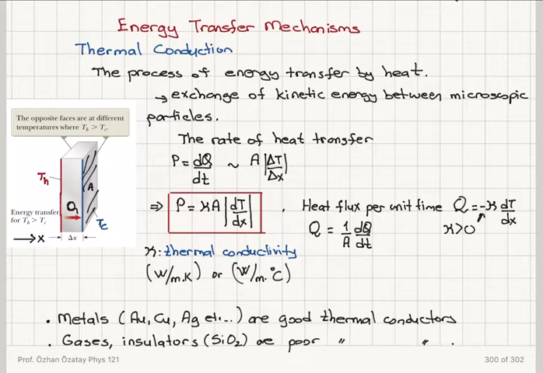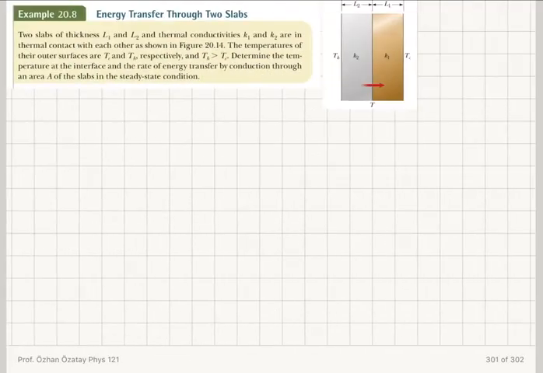Okay, so let's look at the situation where we have two materials in contact with each other, two slabs of thicknesses L1 and L2. Thermal conductivities K1 and K2 are in thermal contact with each other as shown in the figure. The temperatures of their outer surfaces are Tc and Th, where Tc is less than Th. So H stands for hot, C stands for cold.